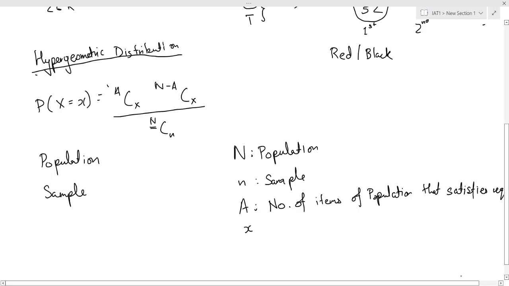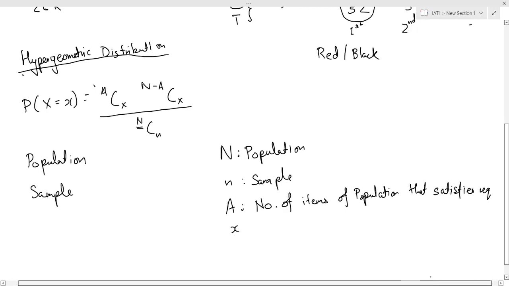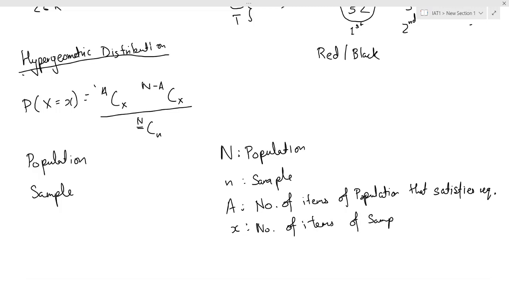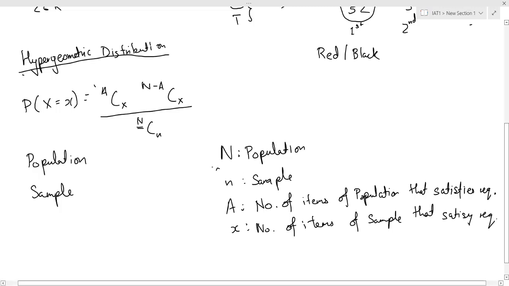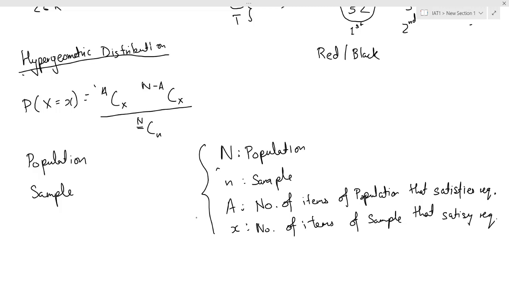You will understand this when we solve one question. And small x is the number of items of the sample that satisfy the requirement. Just remember these terms. We will see one sum, and after that you will understand what each and every term is.